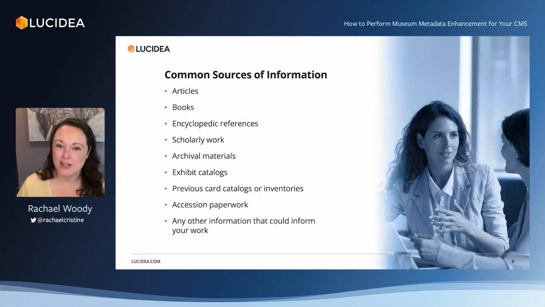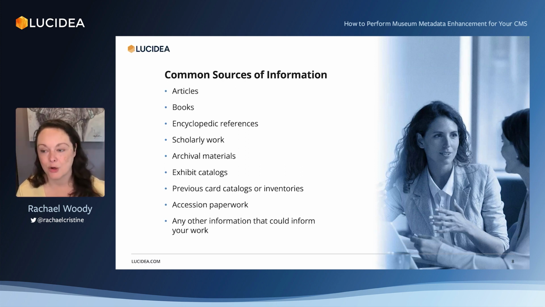Then, of course, perhaps not as obvious, but such a rich treasure trove, is archival materials. For many museums, even if you don't have an official archive per se, if it's not quite its own department, there will usually still be boxes and files of information that will, at a bare minimum, contain some of that provenance and accession information, and may even contain more in depth material, such as papers from the original purchaser or person who acquired it, additional conservation work, or perhaps artist sketches, conceptual sketches of the artwork before they created it.